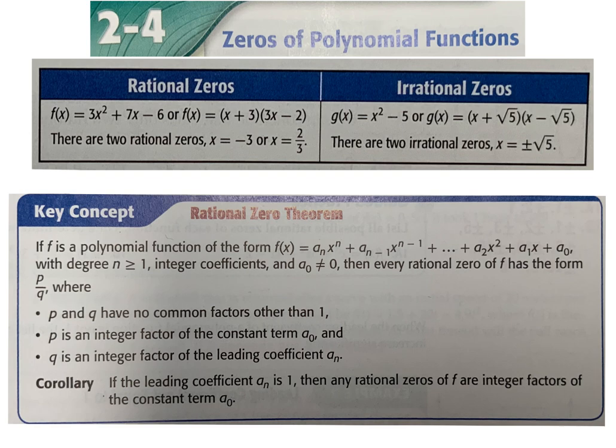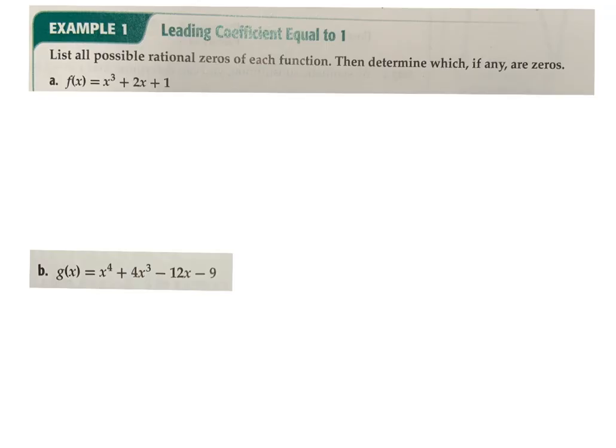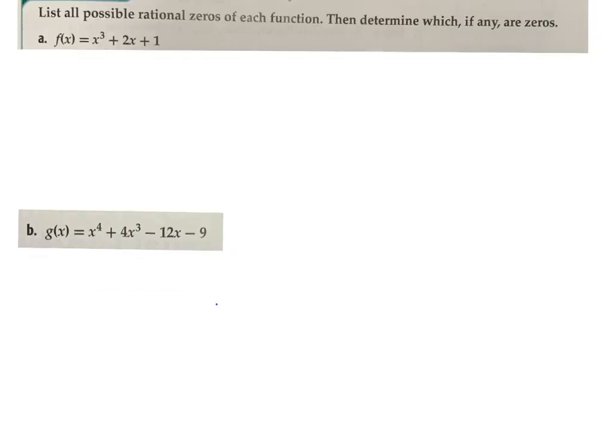List all possible rational zeros of this function. This one's really simple. This first example they give us: look at the leading coefficient. My leading coefficient here is a 1, and my constant is a 1.